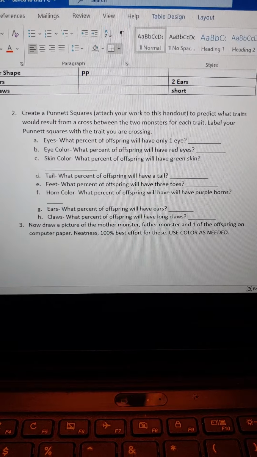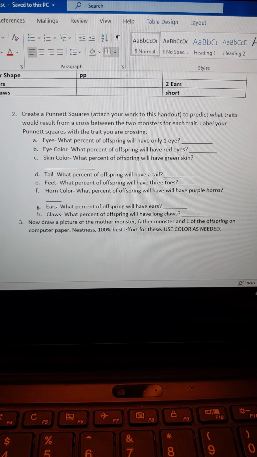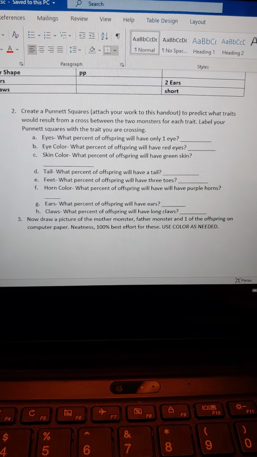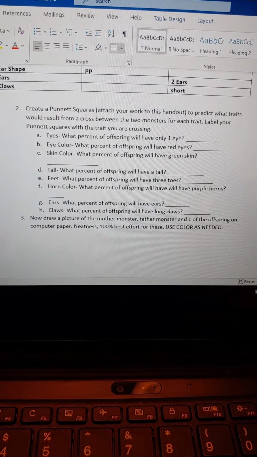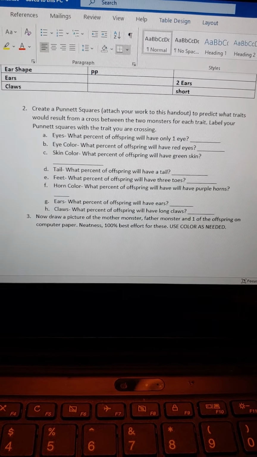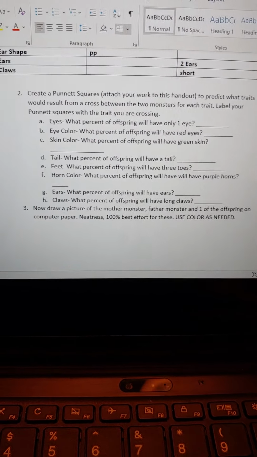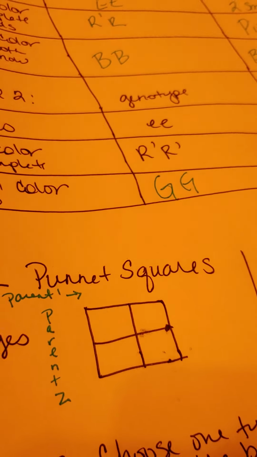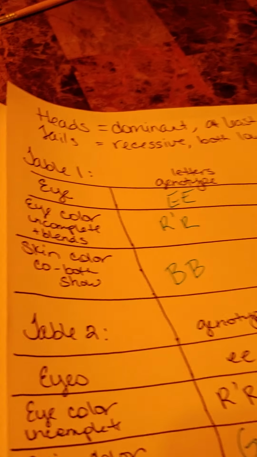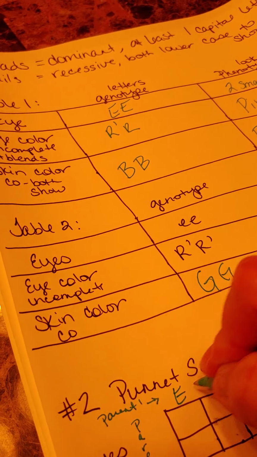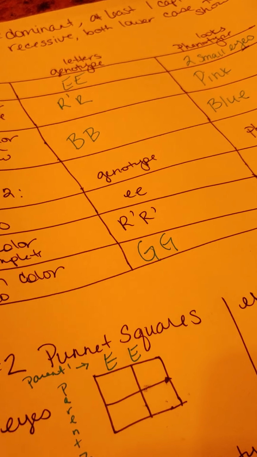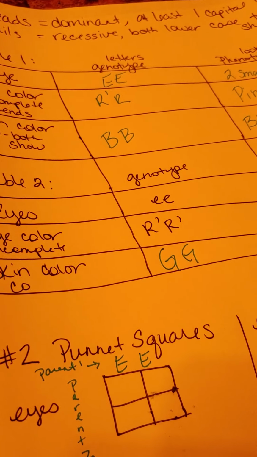Now part 2, create a Punnett square to predict the traits that would result from a cross between the two monsters for each trait. Label your Punnett squares. What percent of the offspring will have 1 eye? Using your squares, for eyes, one parent has capital E, capital E. The other parent has lowercase, lowercase.